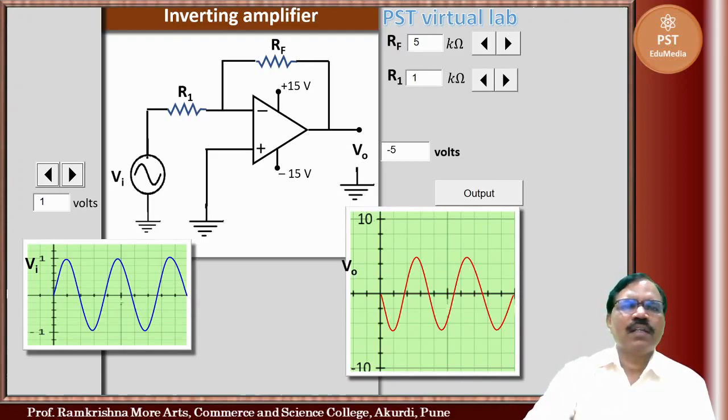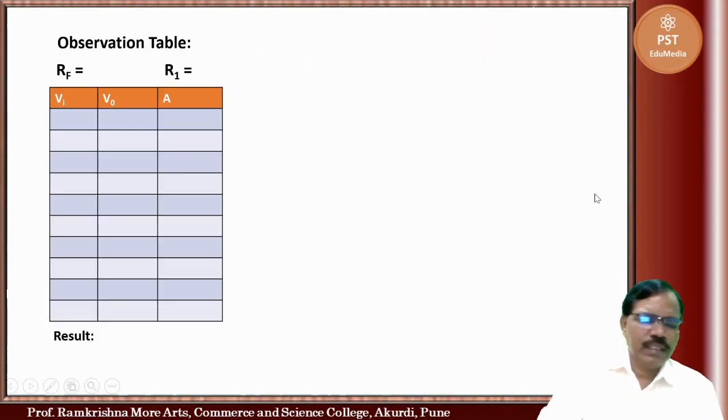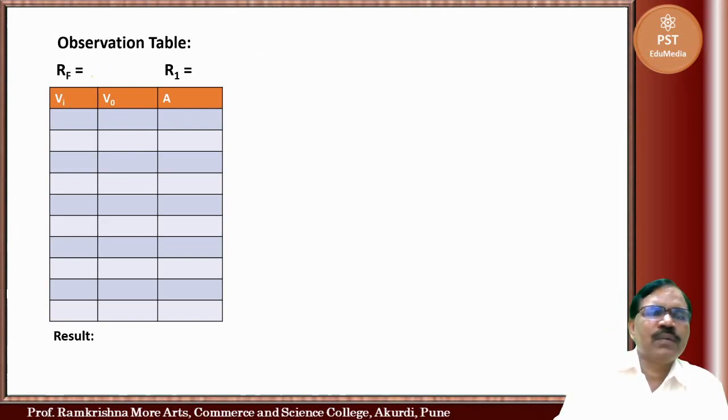Here we have taken the first set in the observation table. First we have taken RF as 10 kilo ohm and R1 as 1 kilo ohm. So for 0 we have 0, then we take 0.1, and we got 1.0. We'll take positive values.